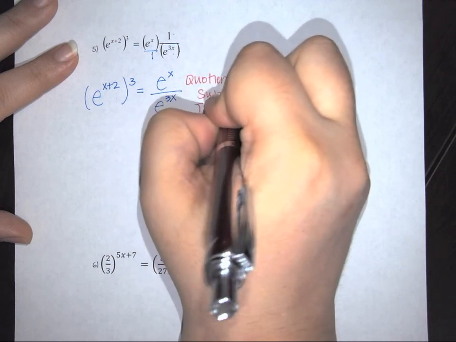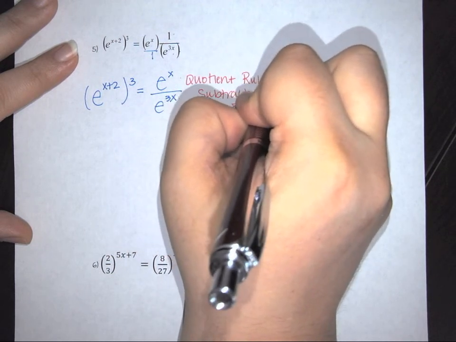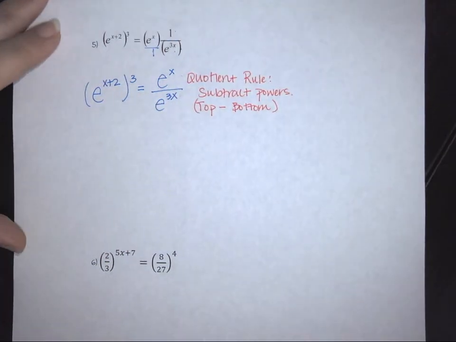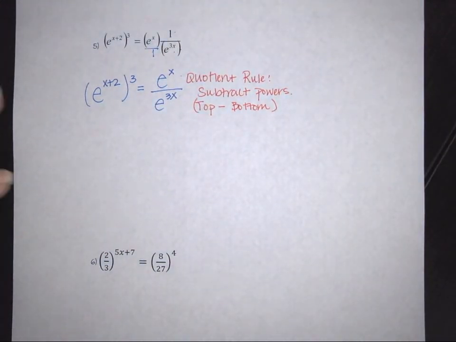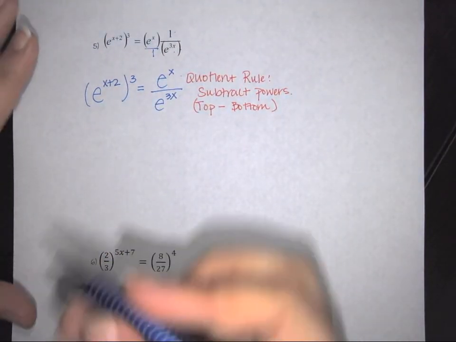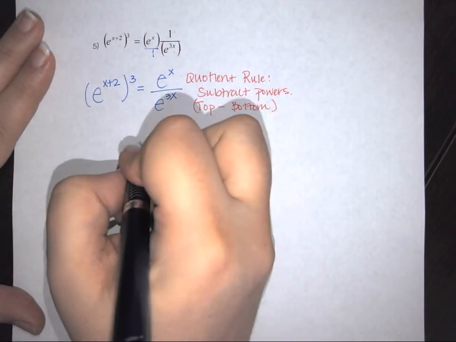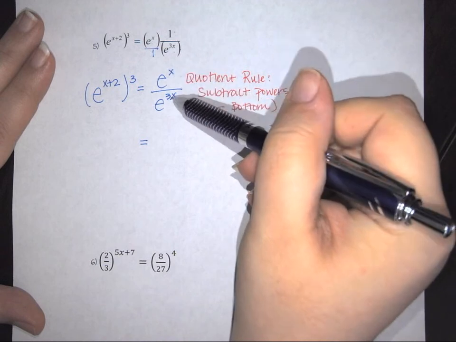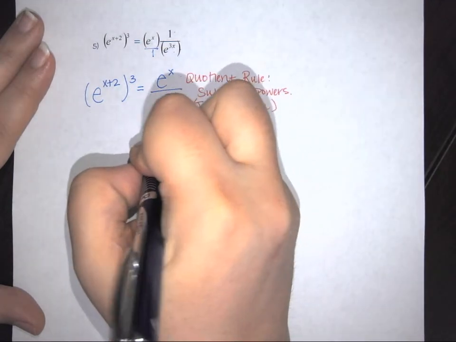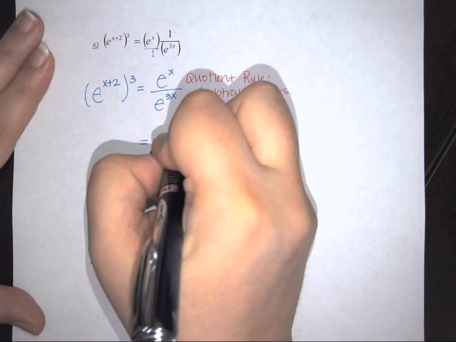Top minus bottom. So this is going to be 1 minus 3 gives me e to the negative 2x.